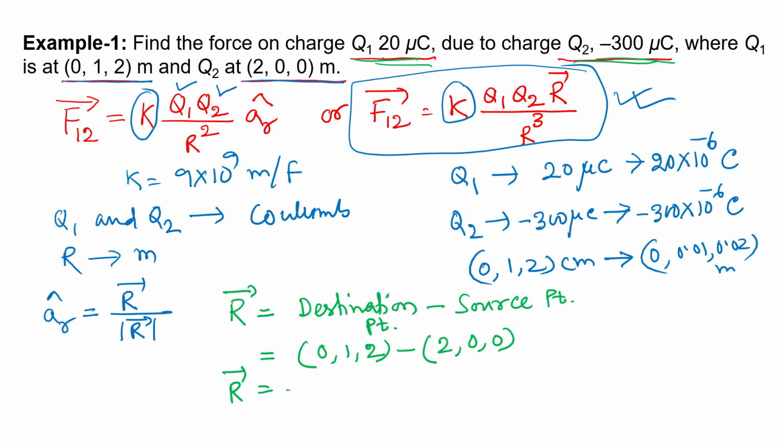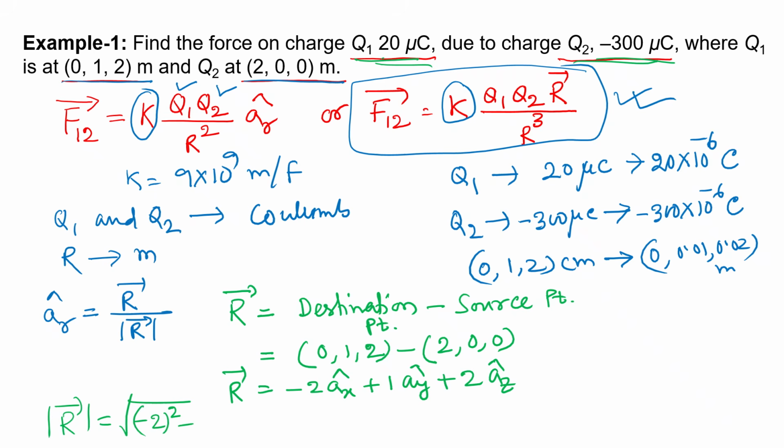Now it will be minus 2 ax cap plus 1 ay cap plus 2 az cap. If we get r vector, then we can easily calculate mod r vector. Mod r vector will be nothing but square root of minus 2 whole square plus 1 whole square plus 2 whole square.